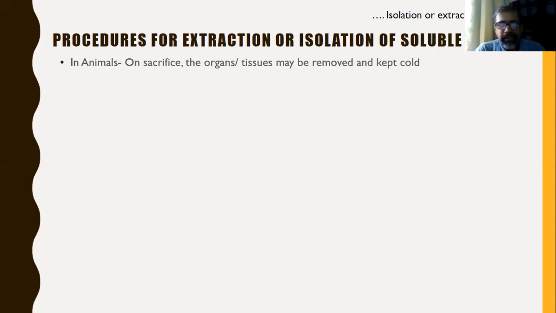In all these cases, whether it is plant, microorganisms or animals, care has to be taken. The isolated organ has to be kept cold. Since we are dealing with enzymes, and enzymes are affected by temperature, the organs or the tissue of interest has to be refrigerated. And also, the extraction procedure has to be carried out under cold conditions.